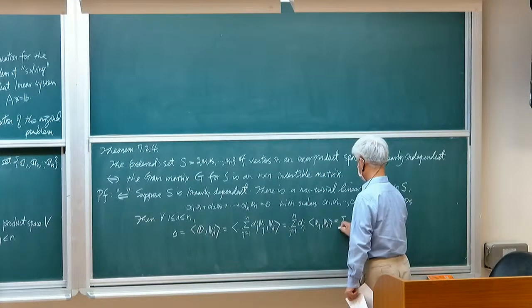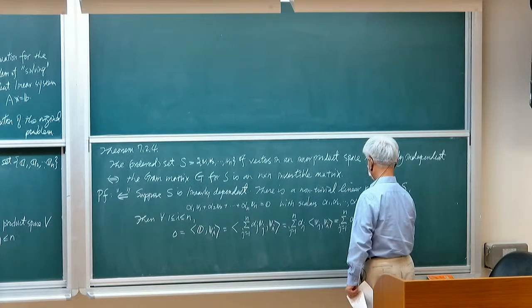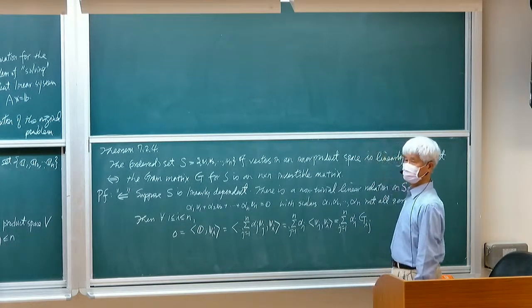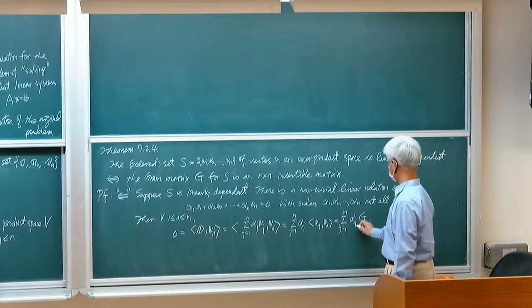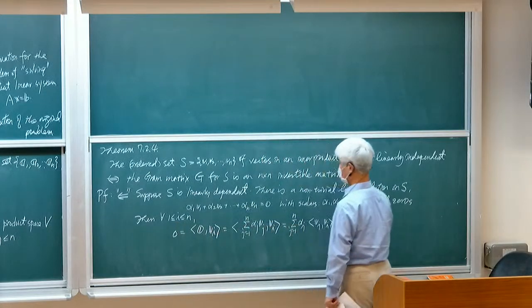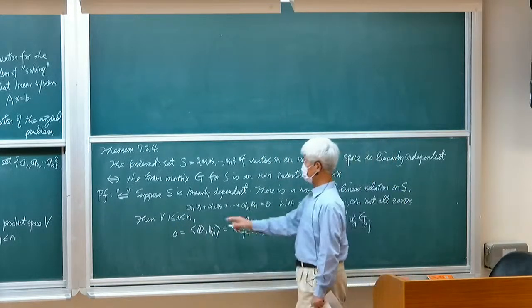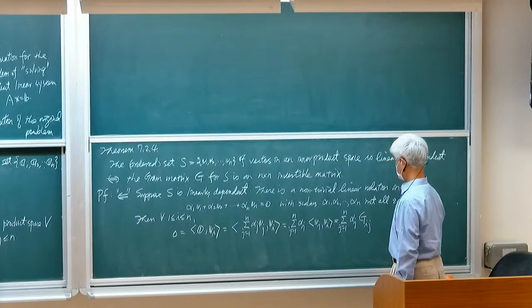And what is that? It is the sum of alpha j times G_ij. This is true for all i from 1 to n.